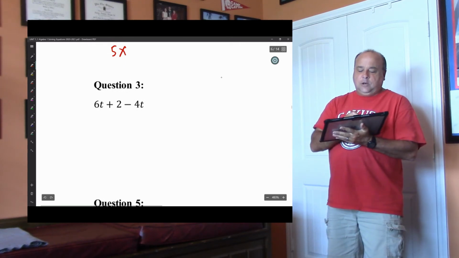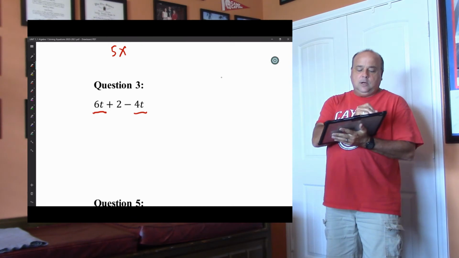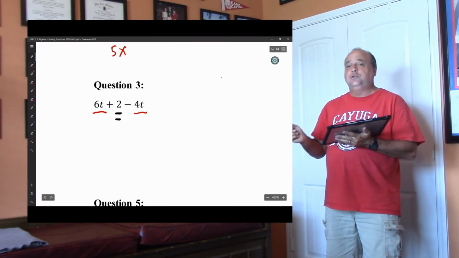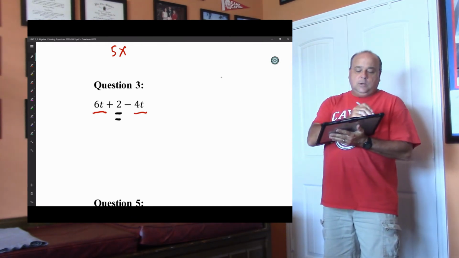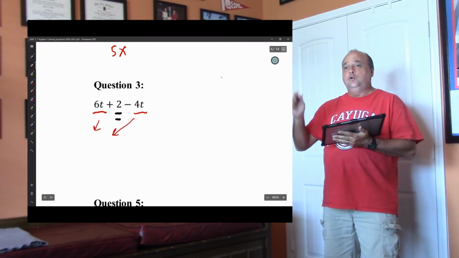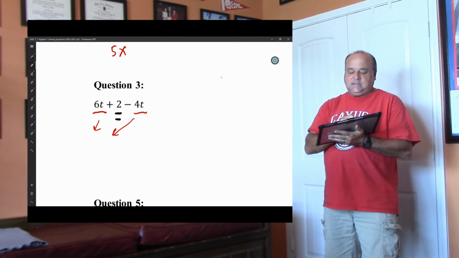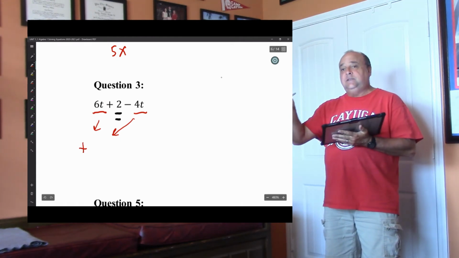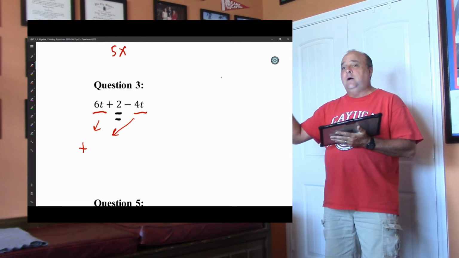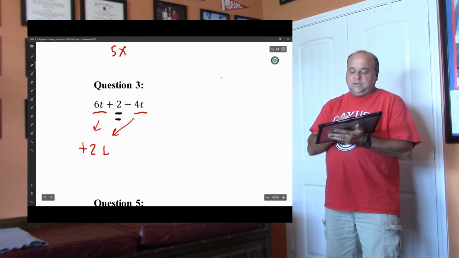Single underline the variables. So I'm going to single underline the 6 and the 4, and I'm going to double underline the constant or the integer of 2. Now then on this one, I'm going to group together the 6t and the 4t. Do I have more 6s or more 4s? I have more 6s, so my sign would be positive. The 6 is positive, the 4 is negative. I will subtract: 4 away from 6 is 2, and my letter is t.